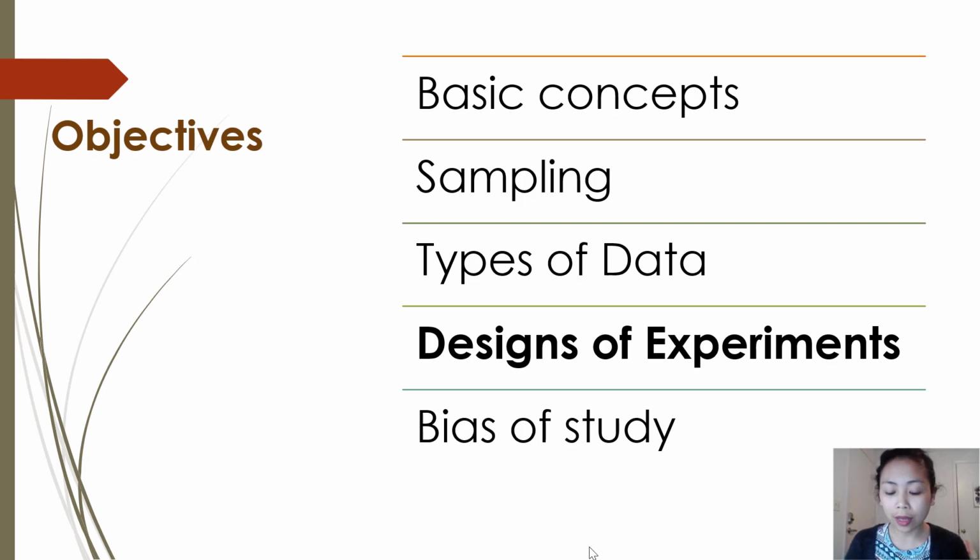Today I planned to combine the last two topics into one single video, but after I finished design experiments I realized that my video was quite long, so I have decided to break it into two videos. So today I would like to talk about design of experiments, and in the next video I'm going to talk about bias of study.